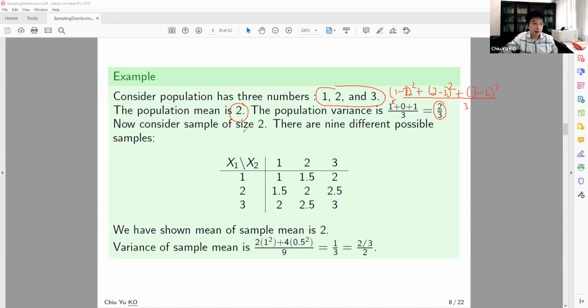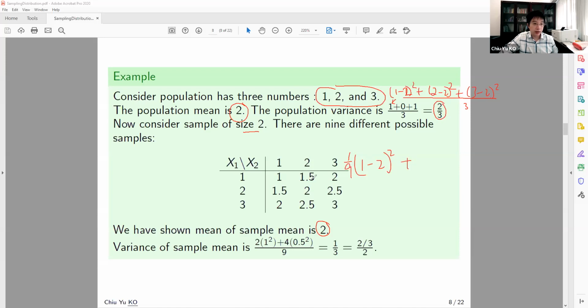And again, with sample size 2, there are 9 possible cases, right? Each pair is equally likely, right? So we have shown the sample means average 2, right? So how to calculate the variance? It is 1 minus 2 squared times 1/9, right?